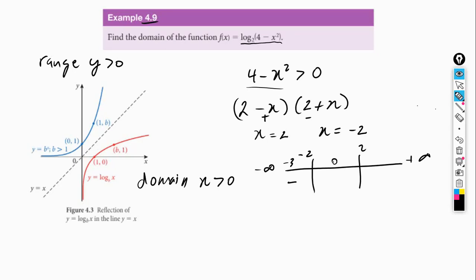If I plug in 0, I'm going to get 2 for this expression and 2 for this one as well. And 2 times 2 is 4, which is positive. So anything between negative 2 and 2 will be positive. Something higher than 2, like 3, is going to give us a negative. That means that the allowed domain is going to be values of x that are between negative 2 and 2.